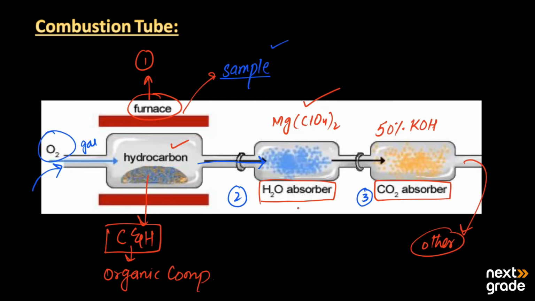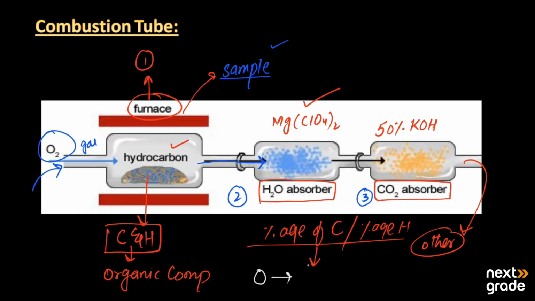From this absorption, we are able to find the percentage of carbon and the percentage of hydrogen. The third element is oxygen, and its percentage can be found by the process of difference. So this is the whole work that takes place in the combustion tube.